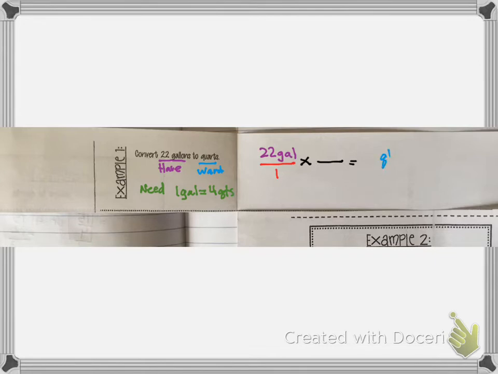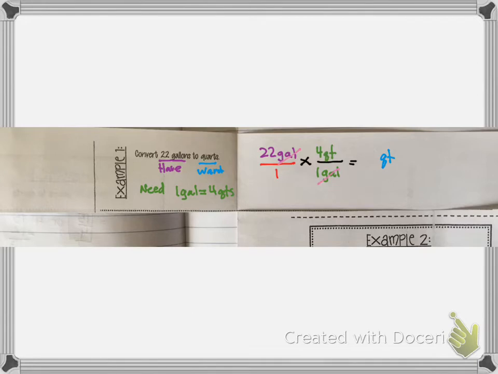So that says in my conversion factor, the quarts have to go on top, and the gallons have to go on the bottom. And the reason why I do this, just like with numbers, I can also cancel out numerator to denominator labels. So now gallons are gone, and I'm left with quarts.